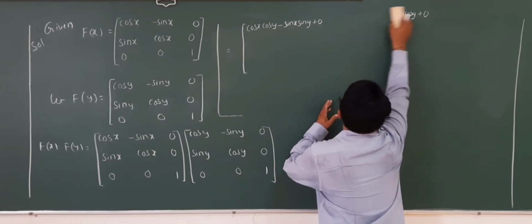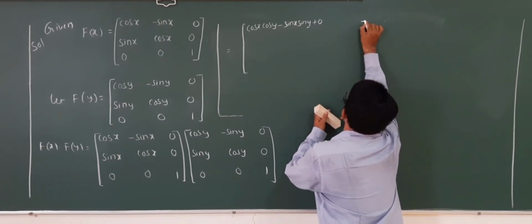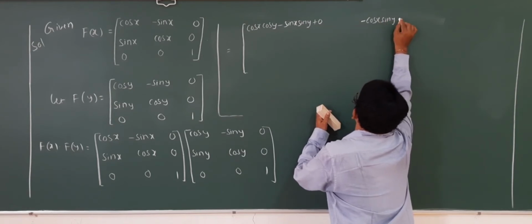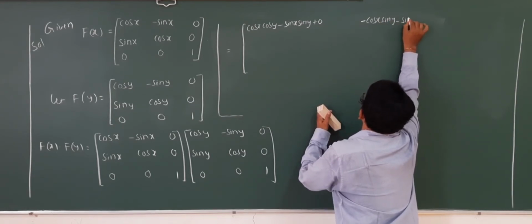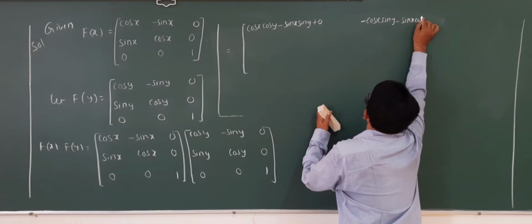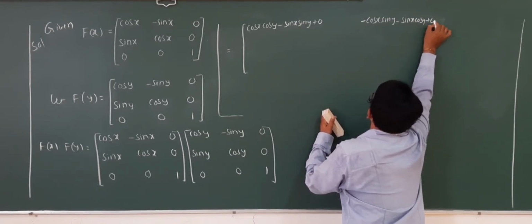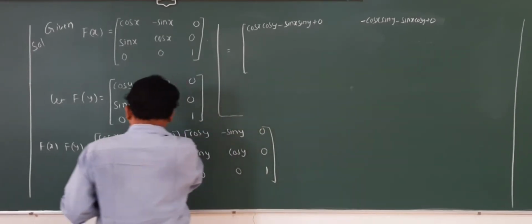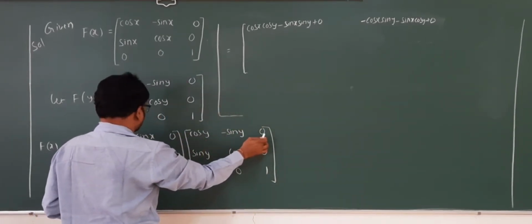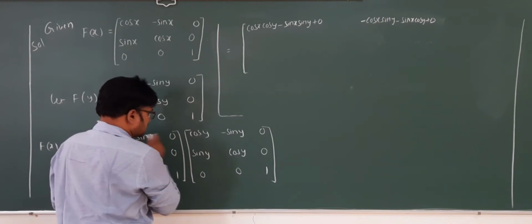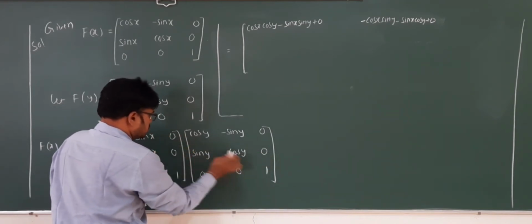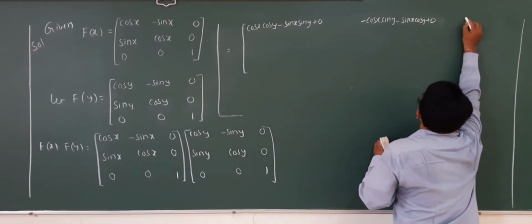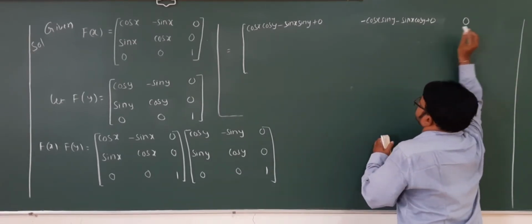It's minus cos x sin y minus sin x cos y plus 0. And the third one is cos x into 0 plus minus sin x into 0 plus 0 into 1, which is 0. So all values are equal to 0.